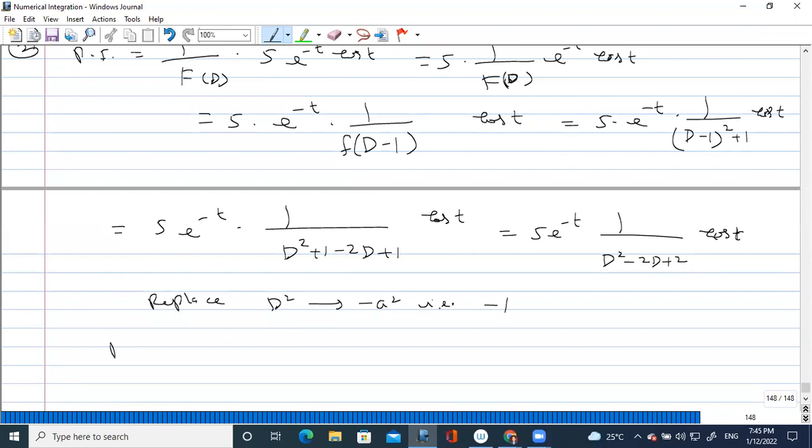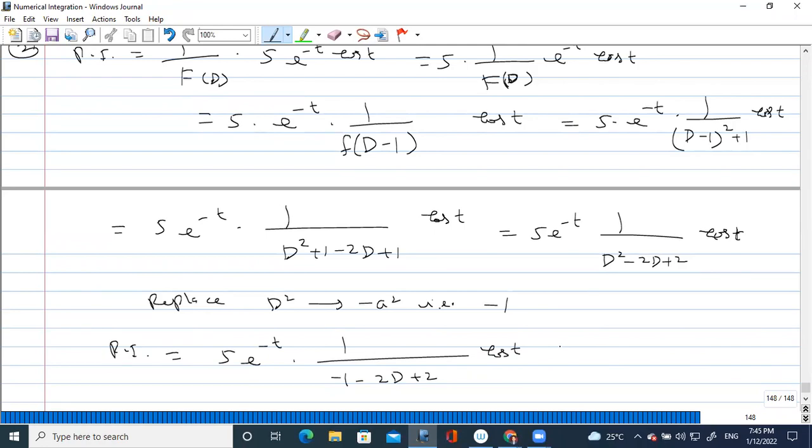So your particular integral will be 5 e to the power minus t into 1 upon minus 1 minus 2D plus 2, cos t. So minus 1 plus 2 means it will be also minus 1.